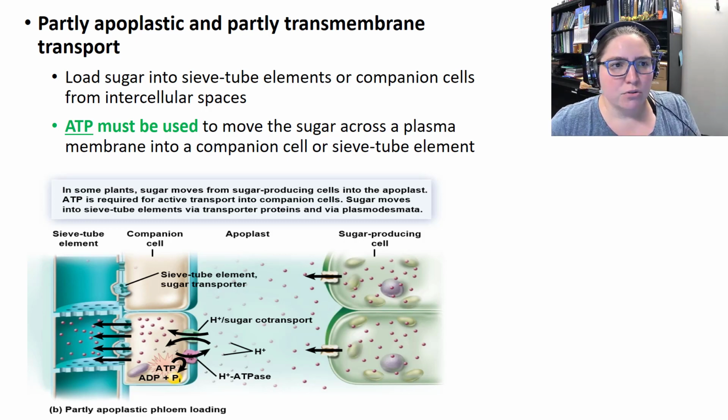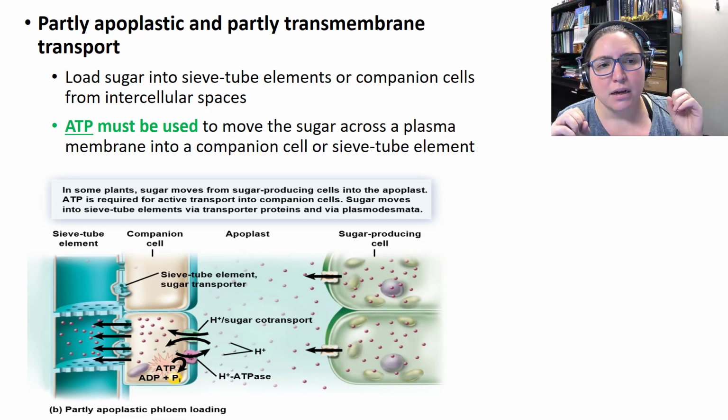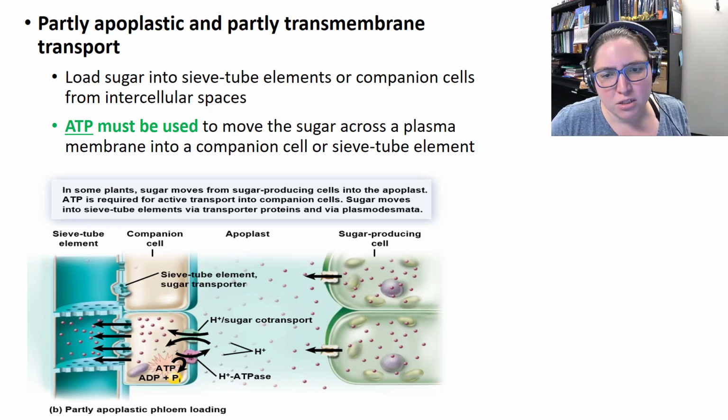This is going to load sugar into the sieve tube elements or companion cells from intercellular spaces, so spaces between cells. So in this case, ATP has to be used to move the sugar across the plasma membrane into a companion cell or a sieve tube element. So here we have our sugar producing cell, and then here we have some intercellular spaces.